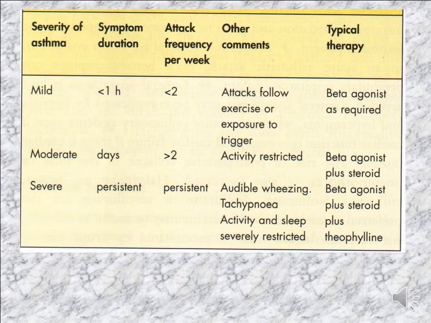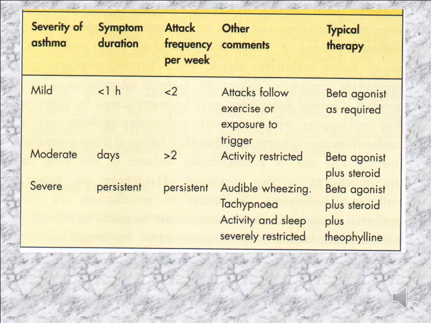The symptom duration is less than 1 hour in mild, within days in moderate, but in severe it persists for a long period. Attack frequency: less than 2 attacks per week in mild, more than 2 attacks per week in moderate, and in severe persistent more than once a week.